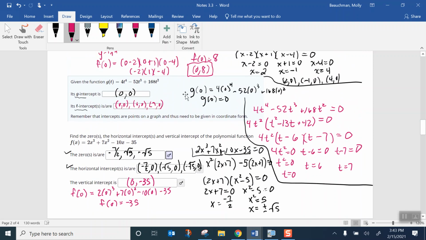Up here we had a degree of 4, and we actually ended up with 3 answers, but this t squared equals 0 occurs twice. So 0 is actually something called a multiplicity of 2. It occurs twice. And then 1, 6, 1, 7. So it actually had 4 answers. It just means that t equals 0 occurred twice.